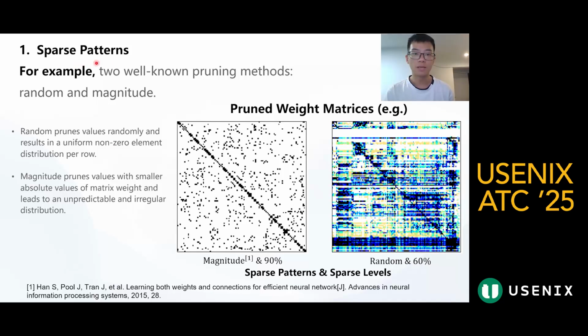For sparse patterns, we take 2 well-known pruning methods, random and magnitude. Random pruning removes values randomly, resulting in a uniform non-zero element distribution. Magnitude pruning removes values with smaller absolute values and leads to an unpredictable and irregular distribution.